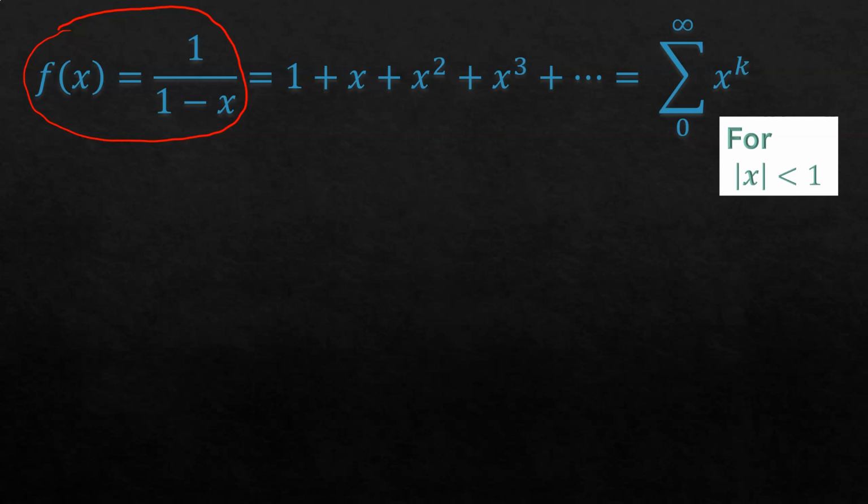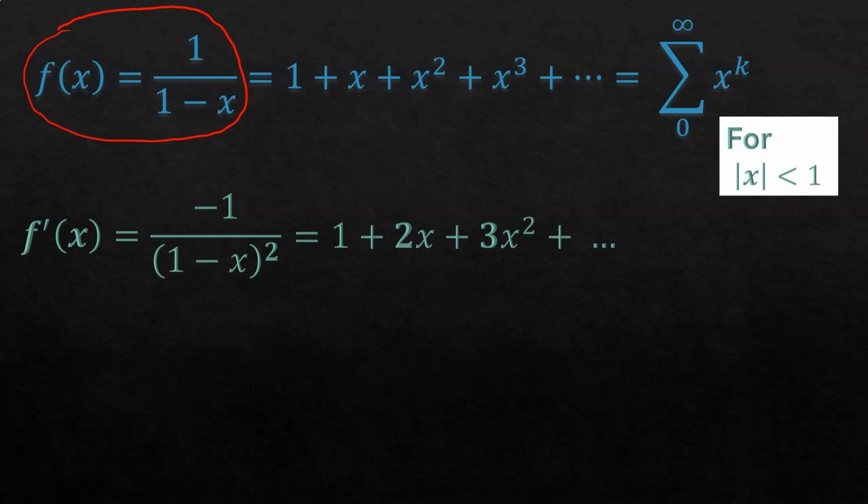So now within that radius of convergence, we are going to differentiate the function and then differentiate the series and see what happens. So f prime of x is going to be -1 over 1 minus x to the second power, right? Now, differentiating the polynomial part, we will have 1 plus 2x plus 3x squared and so on.